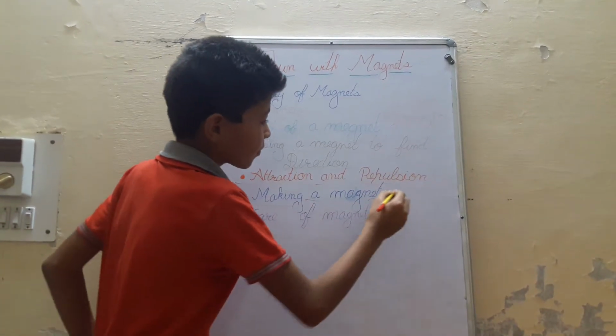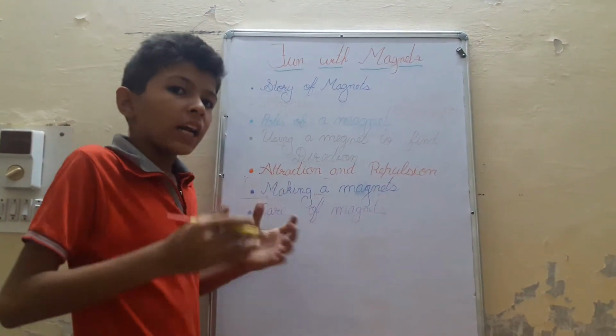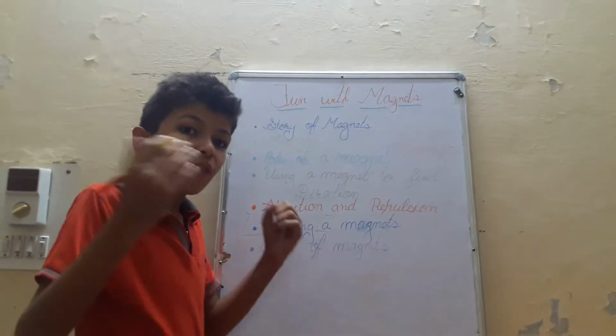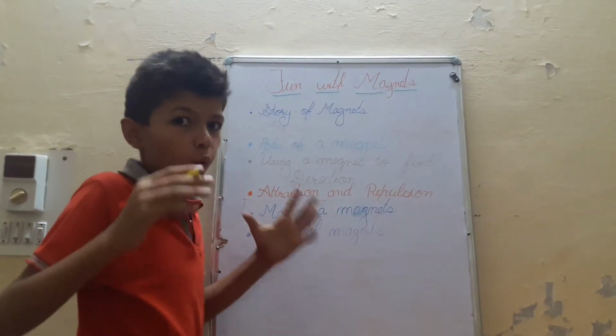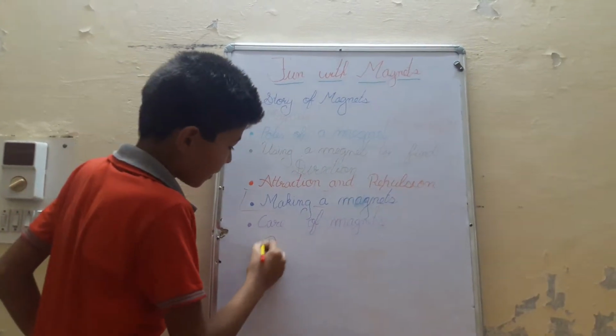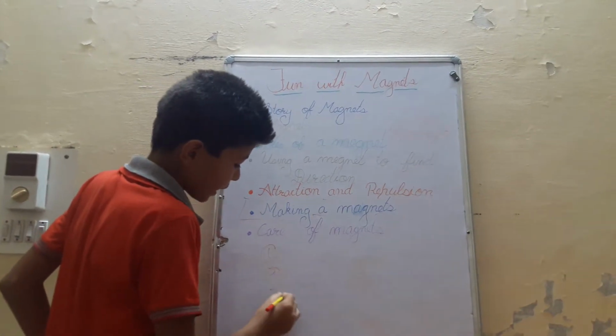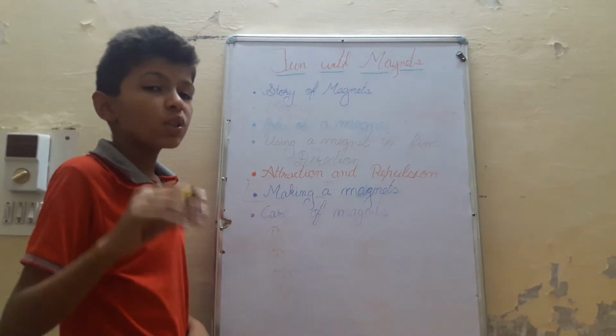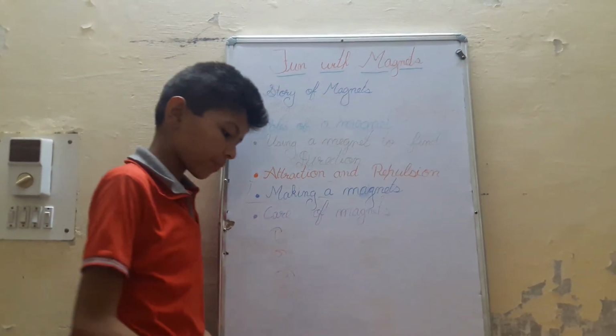Making a magnet. As we buy a magnet, how are they made in factories and how can we make our own magnets? There are mainly three methods of making your own magnet. First, the one-touch magnet.